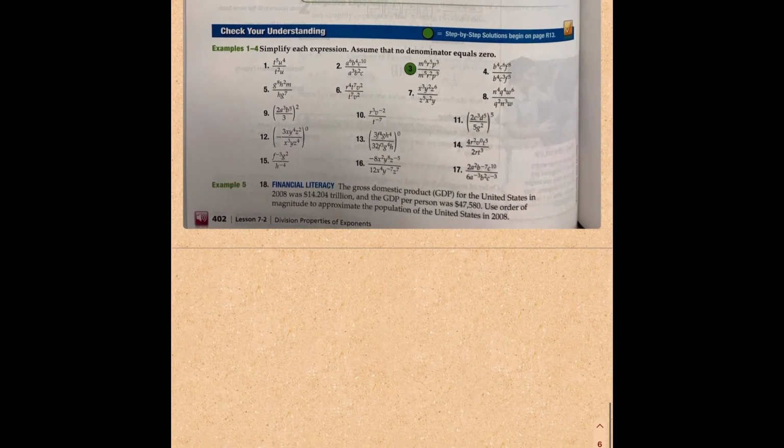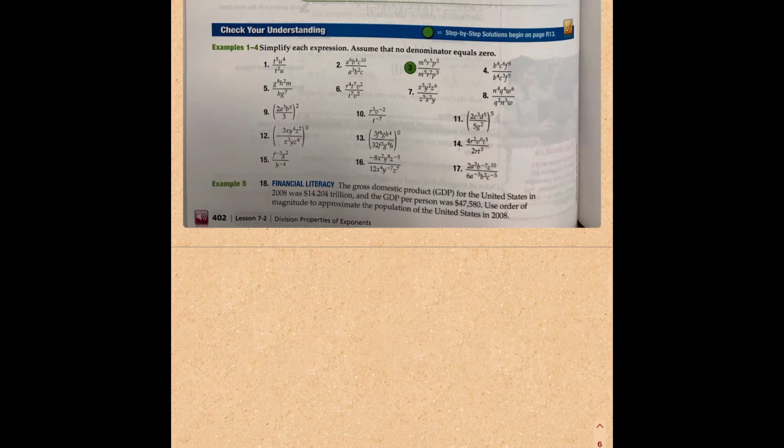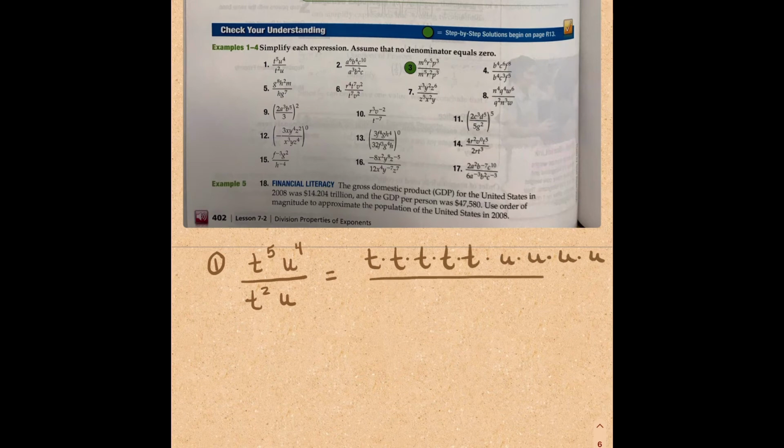Let's move down here and work a couple of examples. So I have a problem: T to the 5th, U to the 4th, over T squared, and U. Okay, the long way to look at this is this. This is T times T times T times T times T times U times U times U times U over T times T times U. All right?